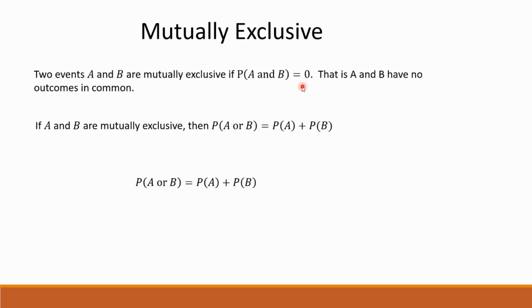They have no outcomes, so it's impossible for both to occur. And what's nice about this is that if they are mutually exclusive, you can get the probability of A or B just by adding. It's easy. You don't have to worry about overcounting because there's nothing to overcount. That makes sense, I hope. Okay, that was one example.